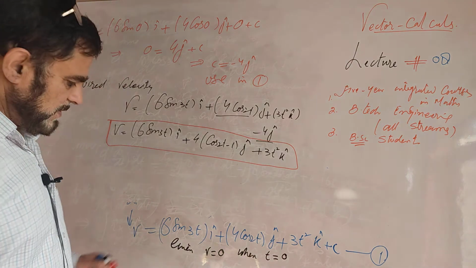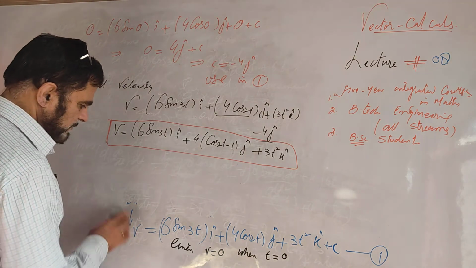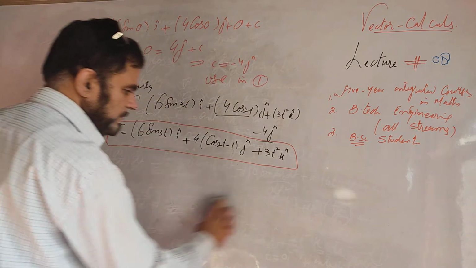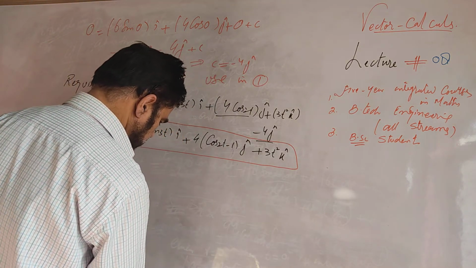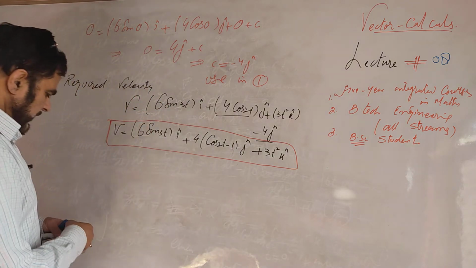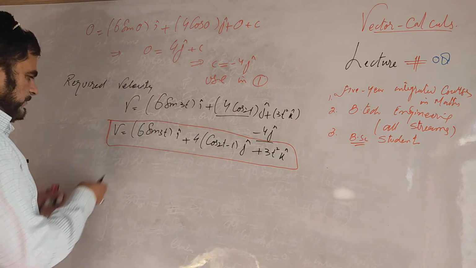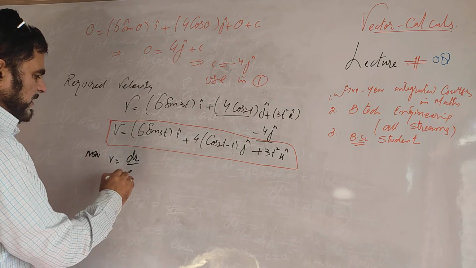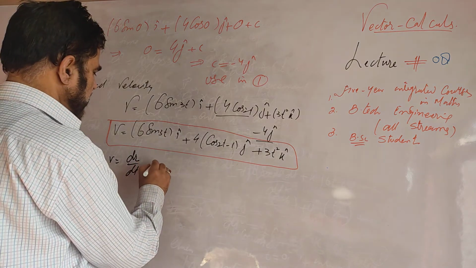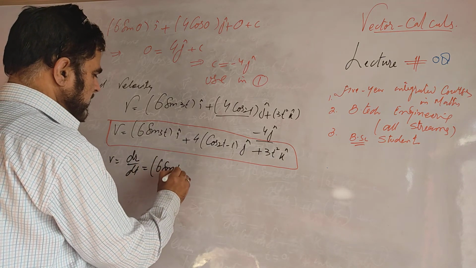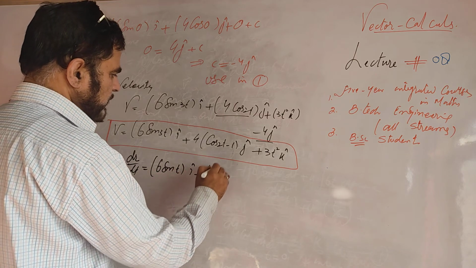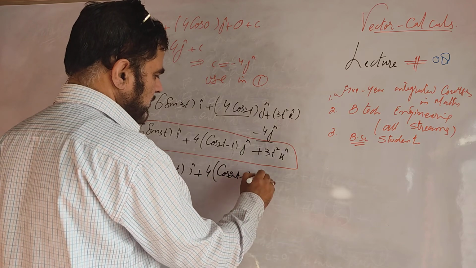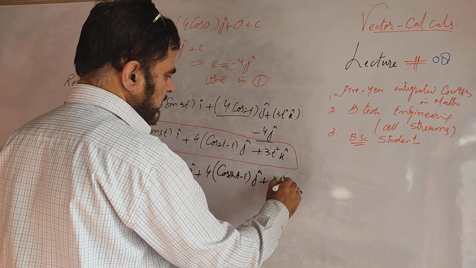Now we have to find out displacement. You see how we find displacement. Actually, what is this v? v is your dr by dt, which is given by 6 sine 3t i plus 4 cos 2t minus 1 j plus 3t square k.